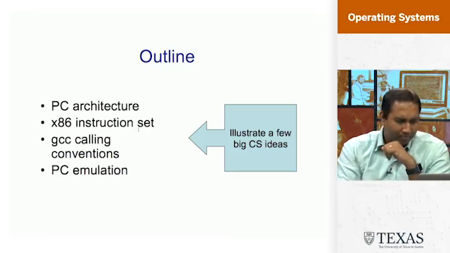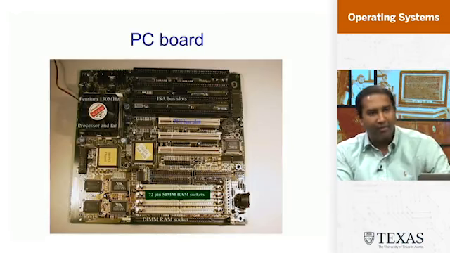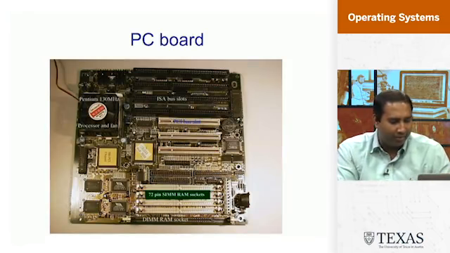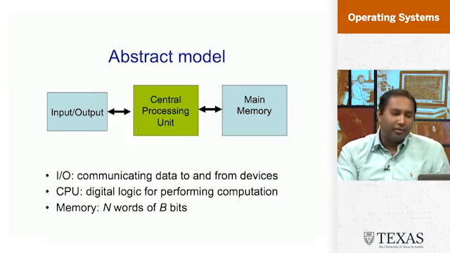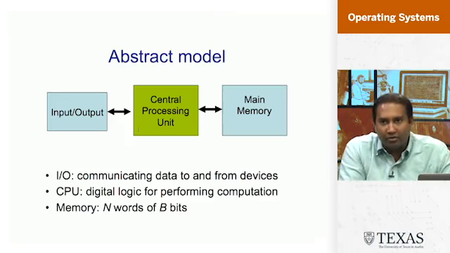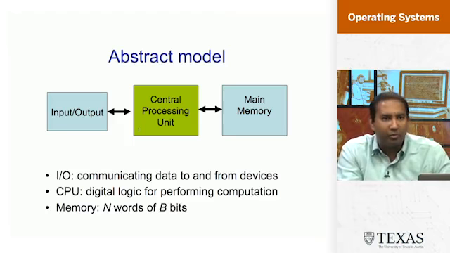Okay. So again, here's another picture of an x86 board, and broadly, this is the way to think about it. You have a central processing unit, in other words a CPU, which is doing all your computation for you.